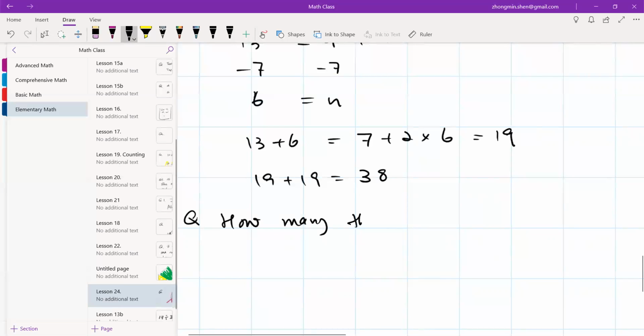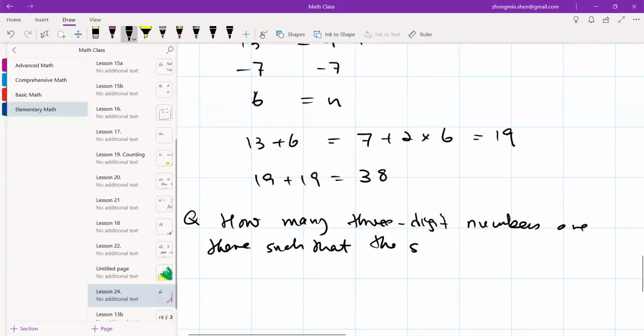how many 3-digit numbers are there with the following condition, such that the sum of their digits equals 9.